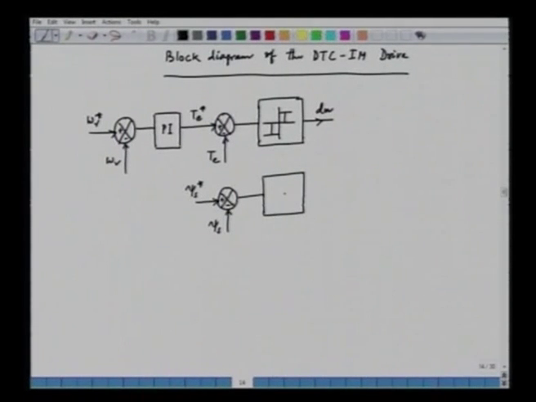And then what we do here, we feed it to again a 2-level hysteresis flux comparator, and the output of that is the flux status, that is d psi.